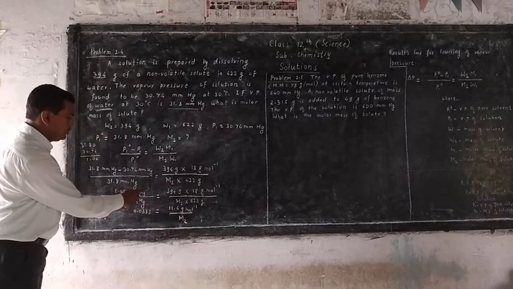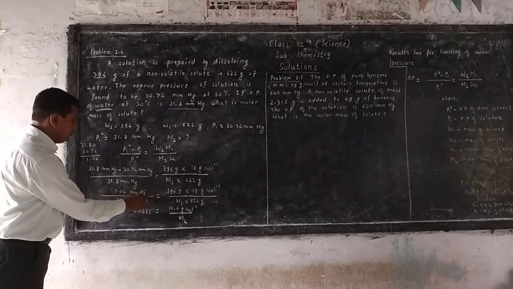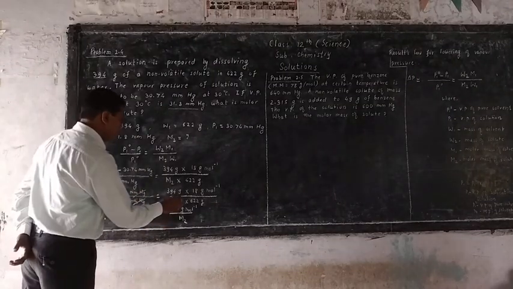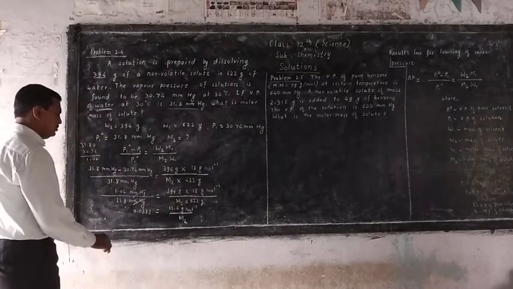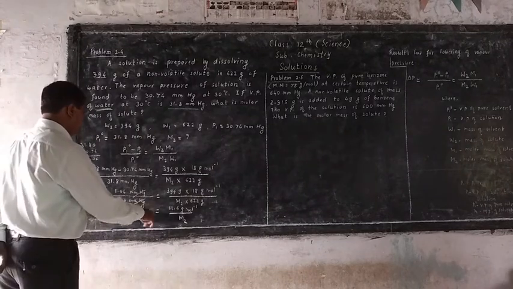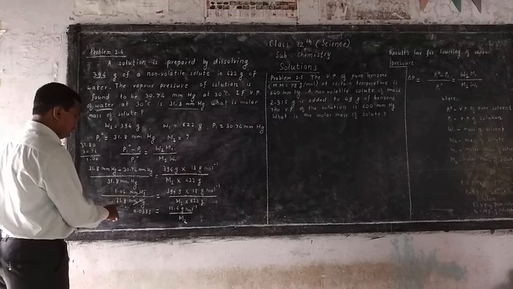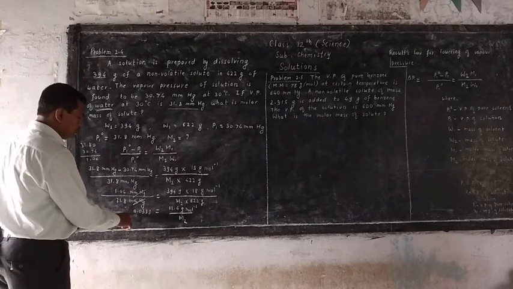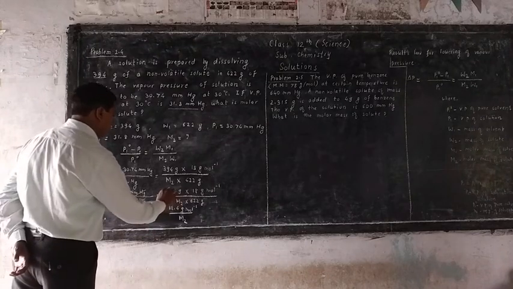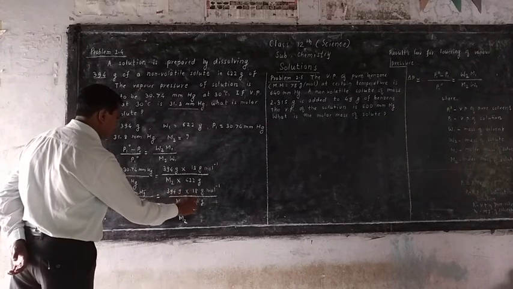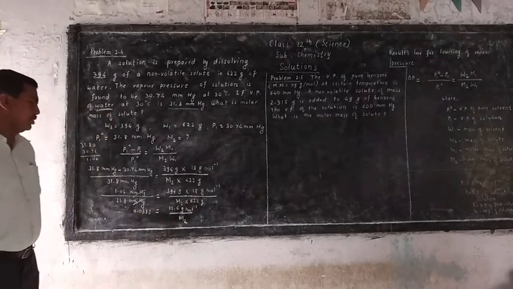This mm Hg will get cancelled here, gram will also get cancelled, and then this 1.06 divided by 31.8 is equal to 0.0333. Then this calculation is 3.94 into 18 upon 622, so it will be 11.4.